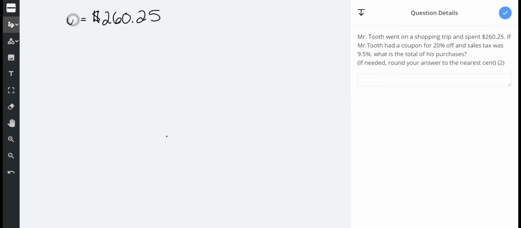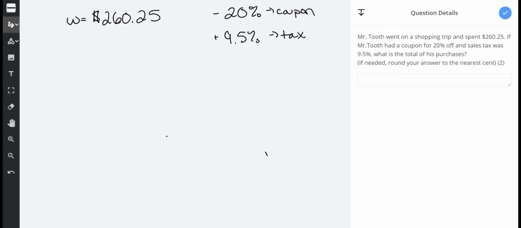Well, a total, that's going to be my whole. If Mr. Tooth had a coupon for 20% off, all right, so that's taking off 20%, because that's my coupon. And sales tax was 9.5%. So you're actually adding 9.5%. That's tax. What is the total of his purchases?